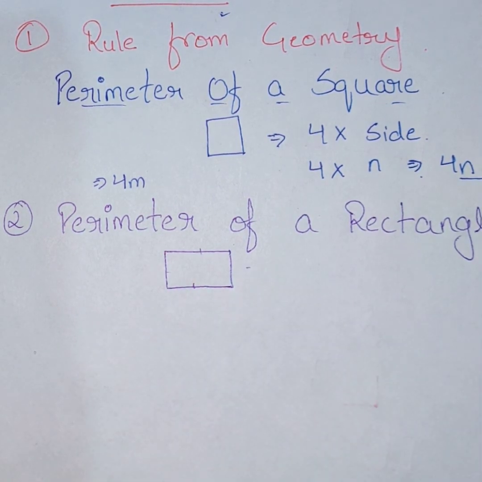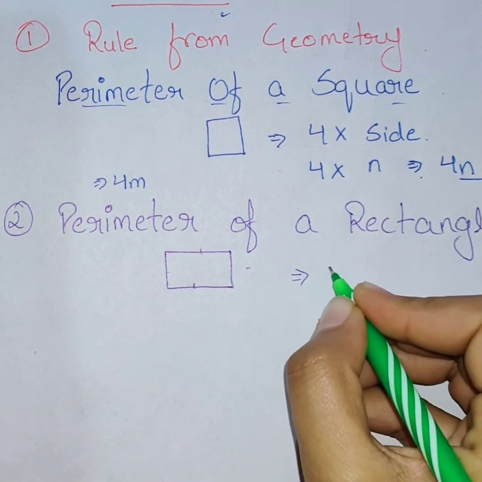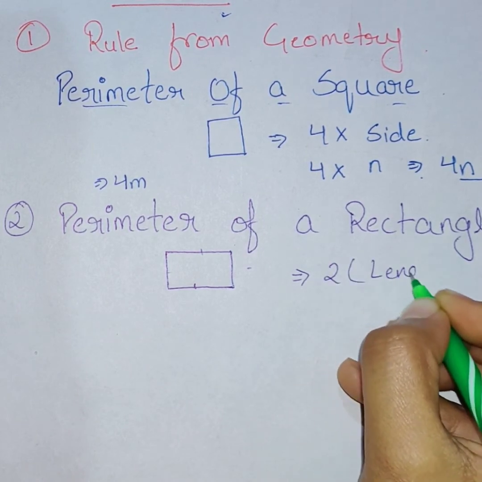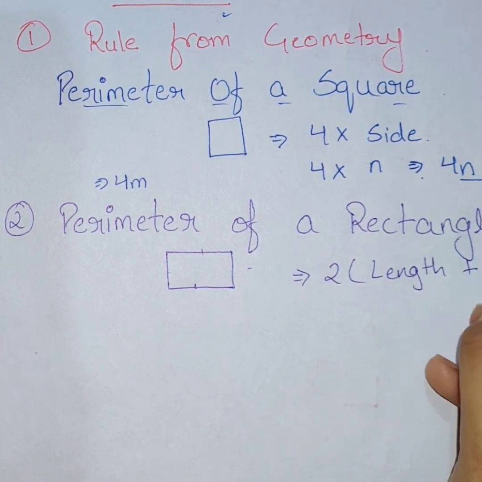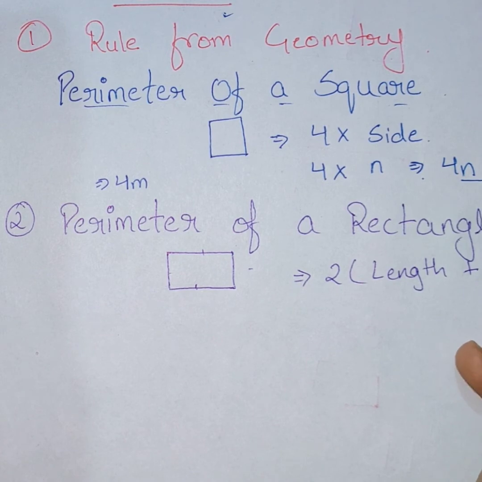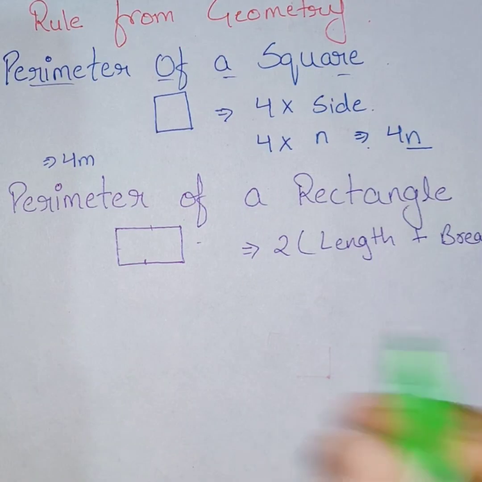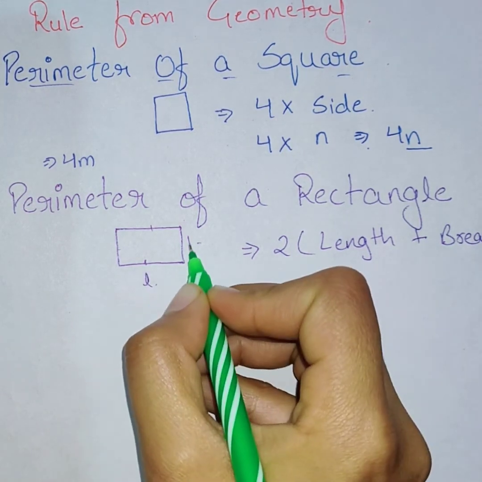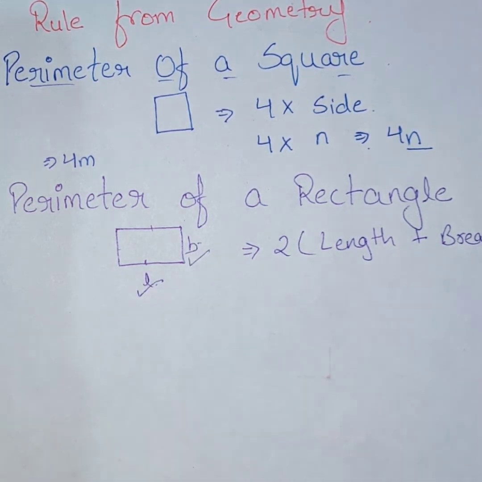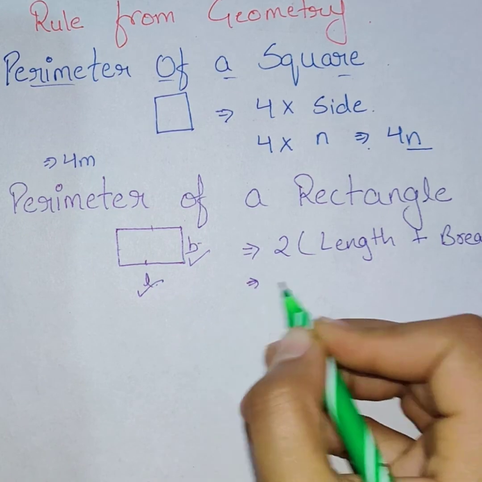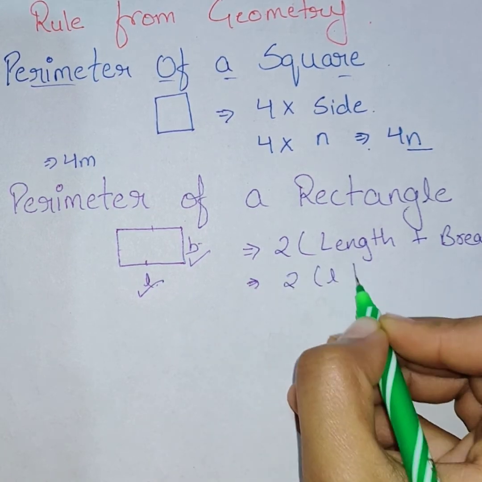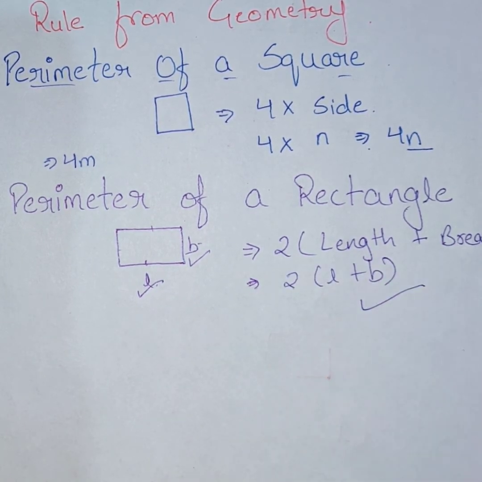So the perimeter of a rectangle is 2 into length plus breadth. You can use L and B, L for length and B for breadth. So 2 into L plus B, this is how you use variables in geometry.